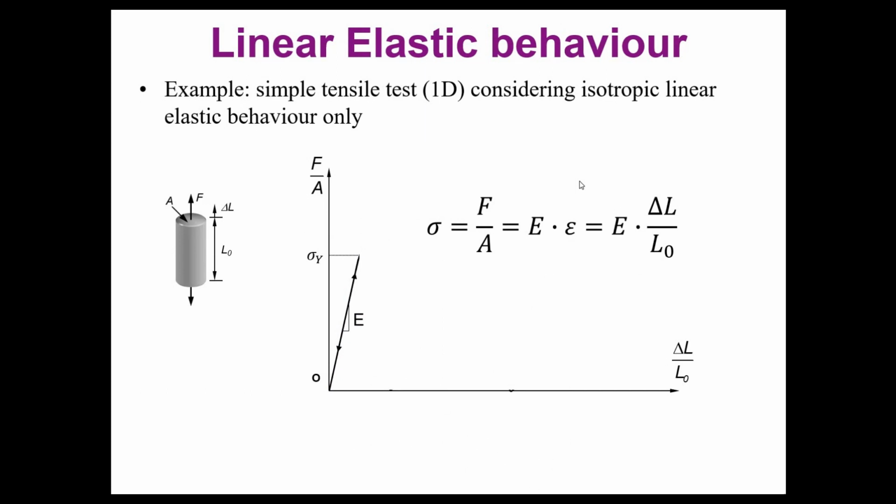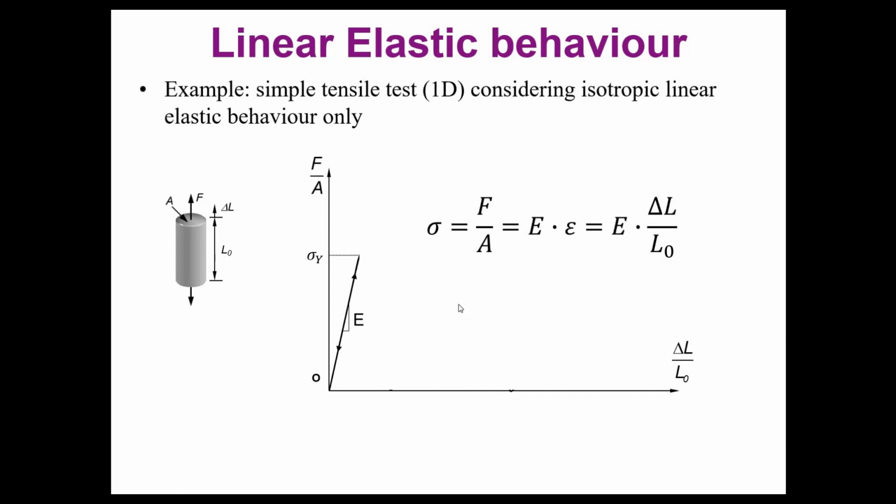If we analyze in more detail what happens in the behavior of this bar of steel in particular, which can be extended to other materials, we see that the first stage is the elastic regime. This is something that we know very well, because we have been studying this isotropic linear elastic behavior before.